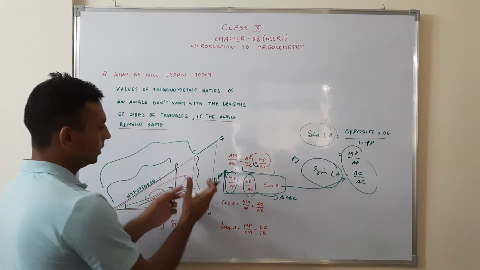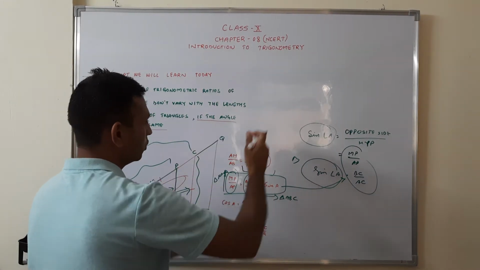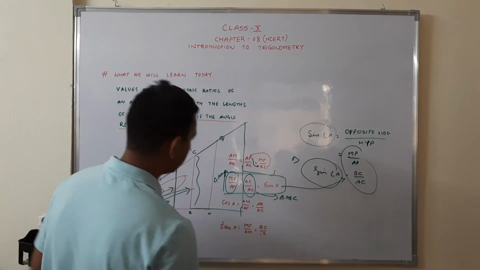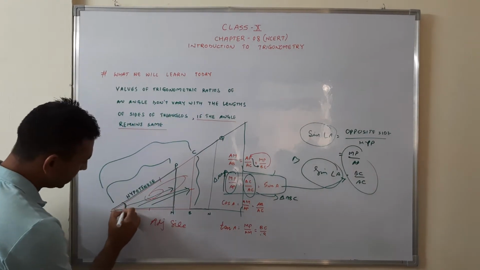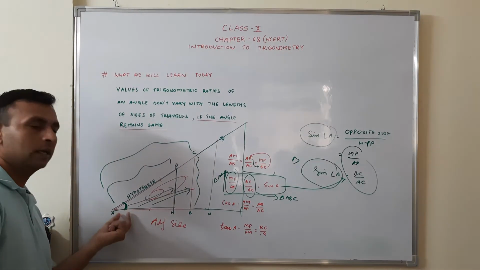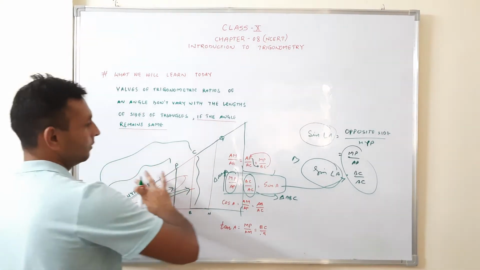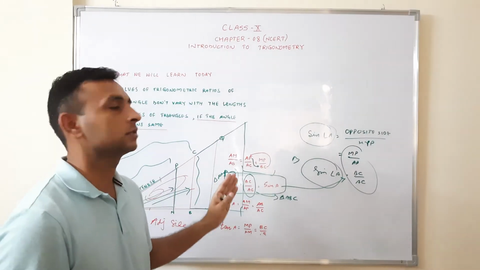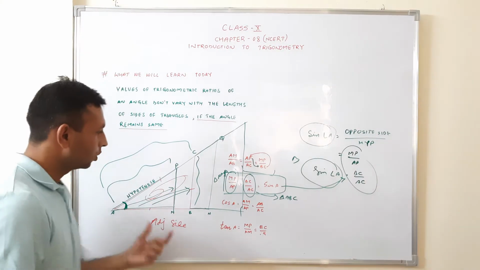So if this triangle or this line goes on increasing, if I do it like this also, till the time this angle remains the same, the ratios of the sides of the triangles will remain the same.